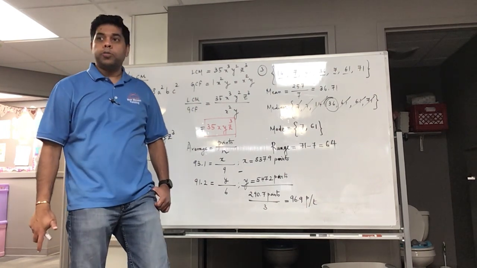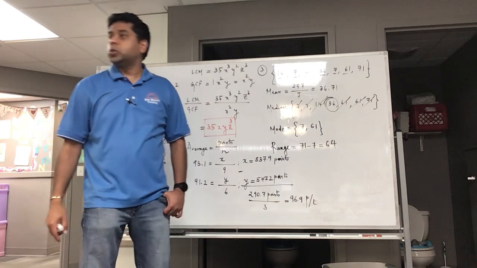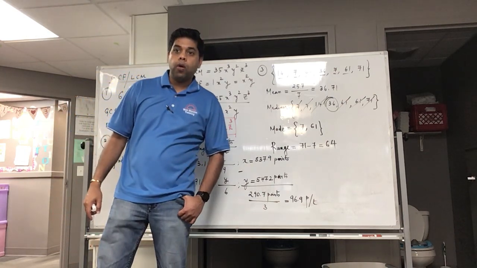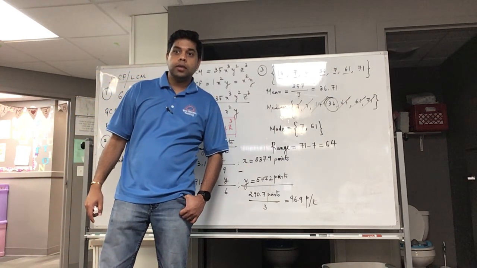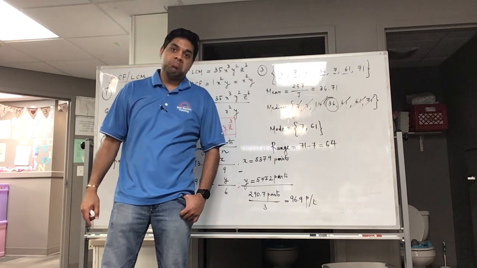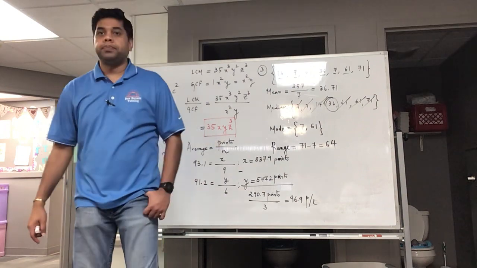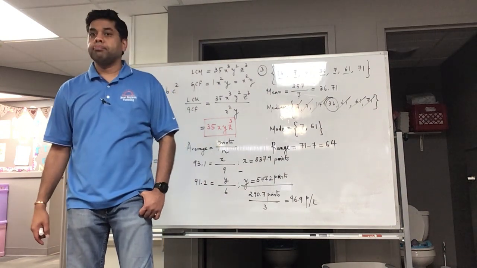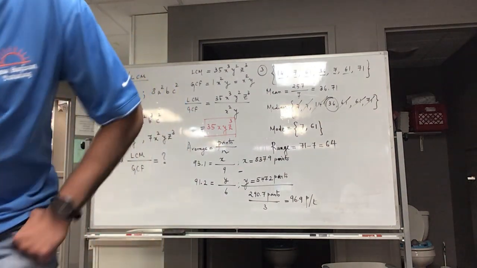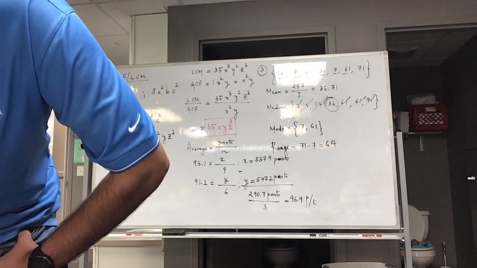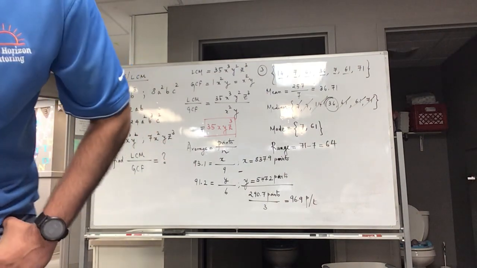How many got 96.9? 1, 2, 3, 4, 5. Okay. Pretty good. Questions? Yeah, please. Why did you divide 290.7 by 3?